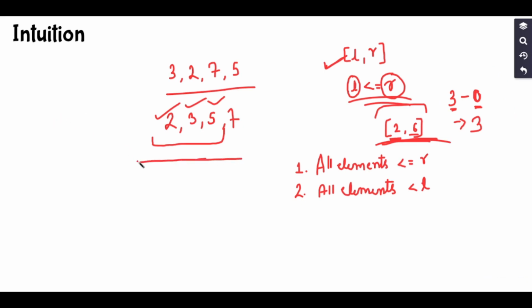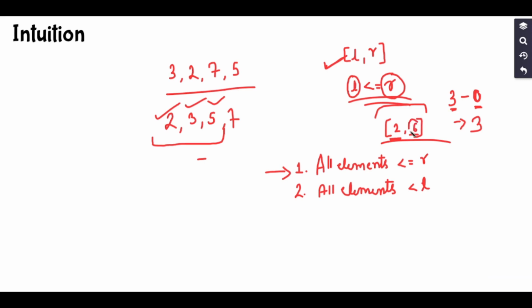How is this working? Let's plot it. We have 2 here, 3 here, 5 here, 7 here, and let's say 6 is here. All the elements which are less than or equal to 6: 3 elements. So what does this actually represent?